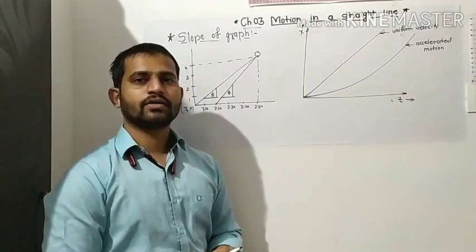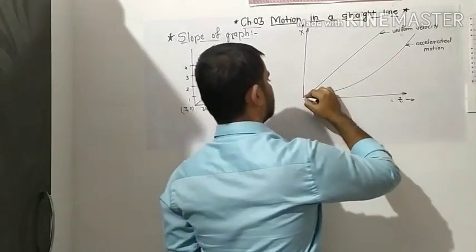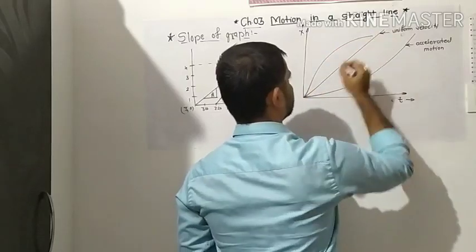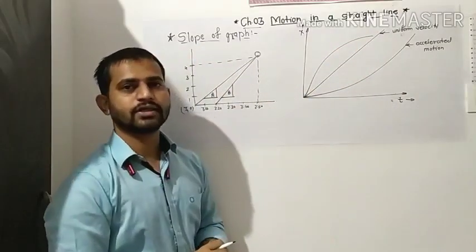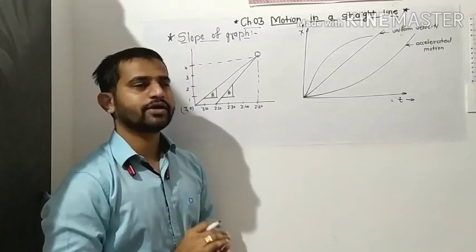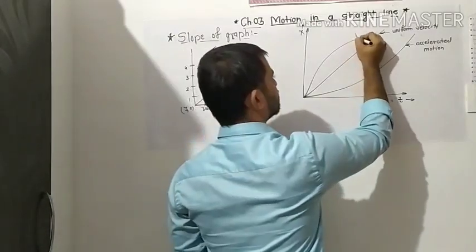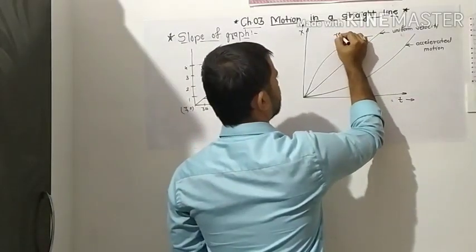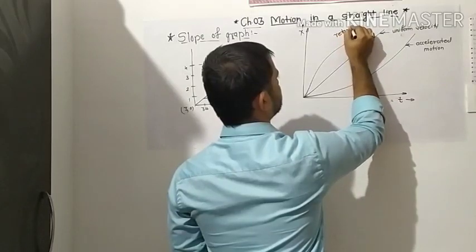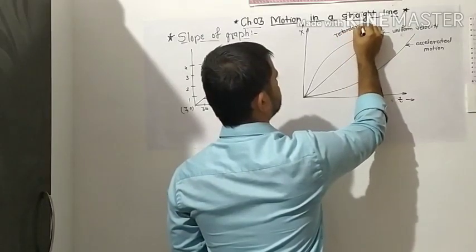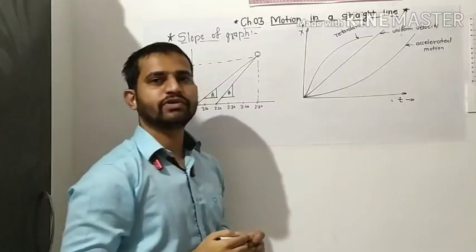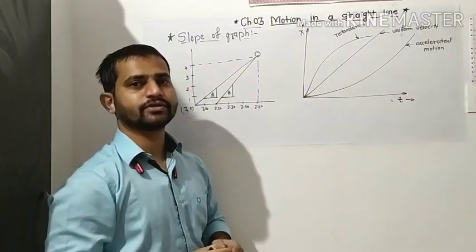Then if we get a curve like this, in that case it will represent the retardation.